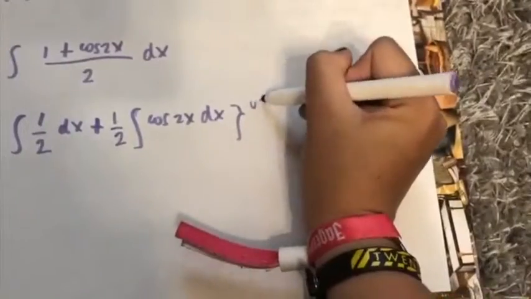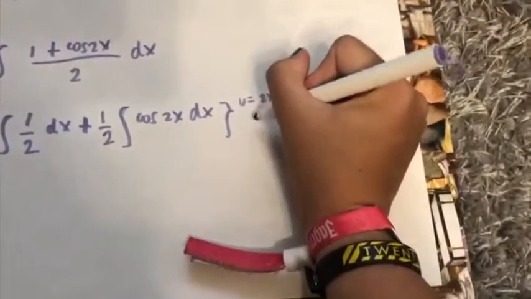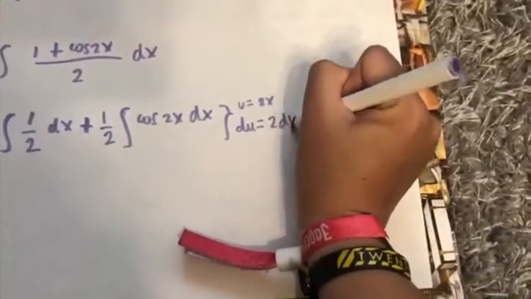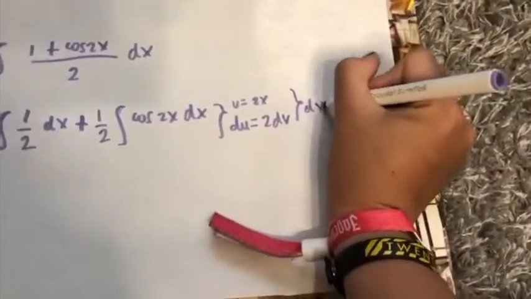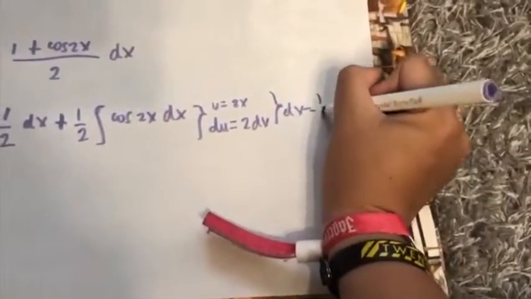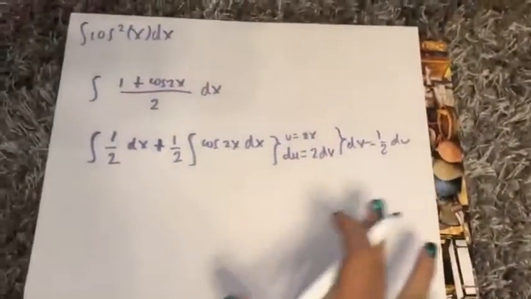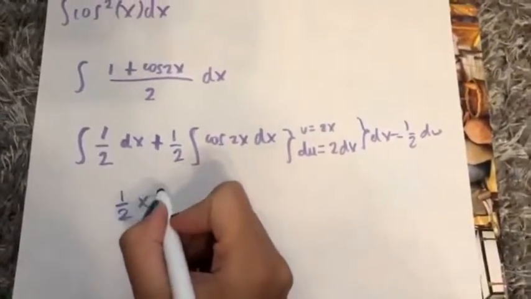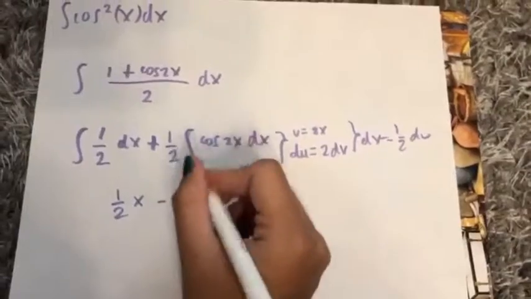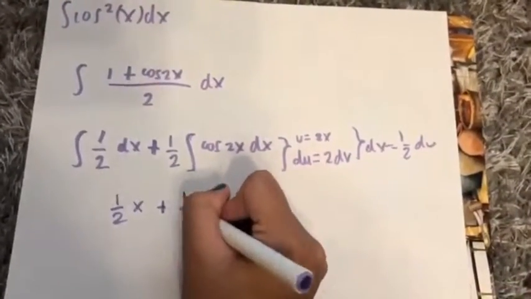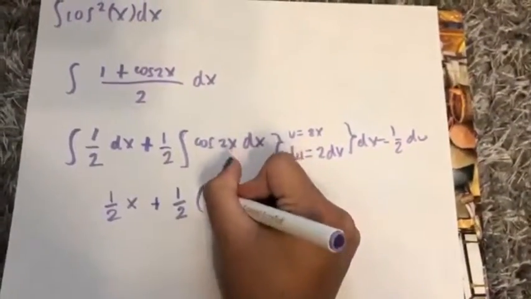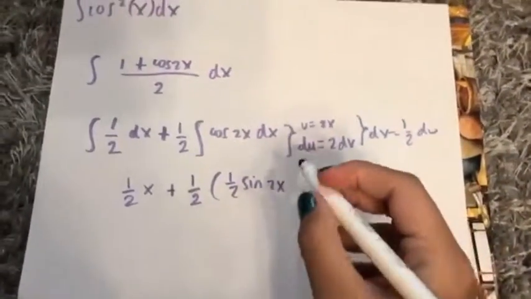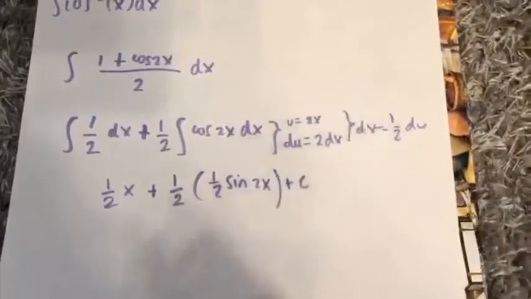So again, our u is going to be equal to 2x. Our du, therefore, is going to be equal to 2 dx, which gives us a dx equal to 1/2 du. Now to integrate this, we're going to get, just like we did before, 1/2 of x plus 1/2 times 1/2 sine of 2x, which is the integral of cosine, plus c.